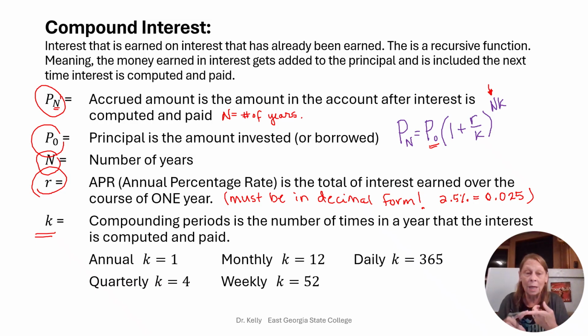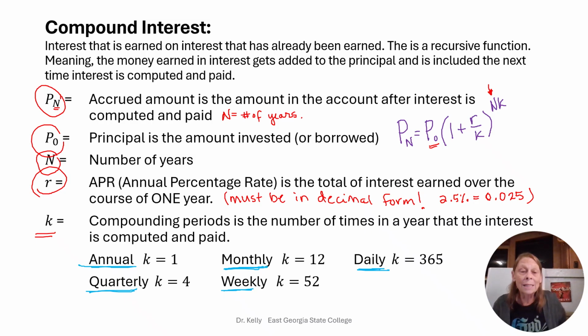Sometimes it's one time a year. That would be annually. It could be 4 times a year. That would be quarterly. It could be every month, that's 12 times a year. It could be weekly, that's 52 times a year. And then we all agree to use 365 for daily.